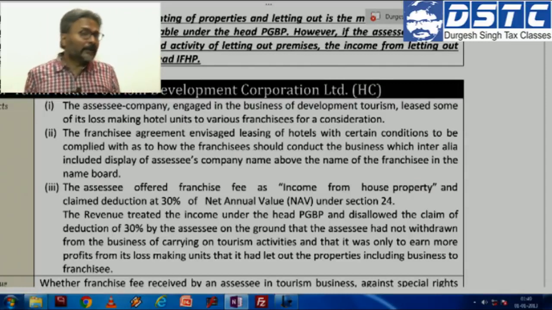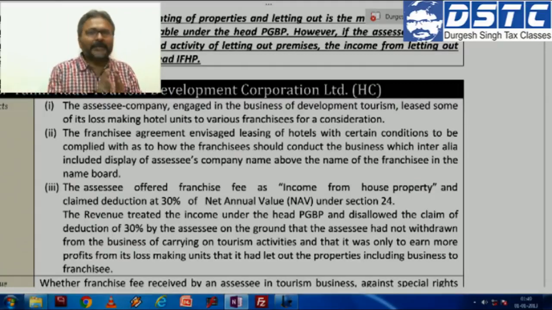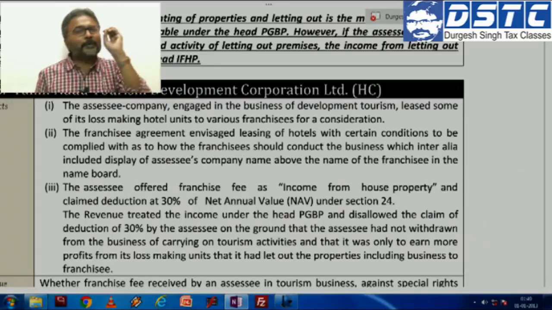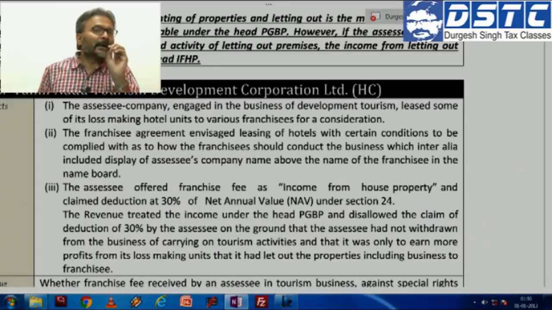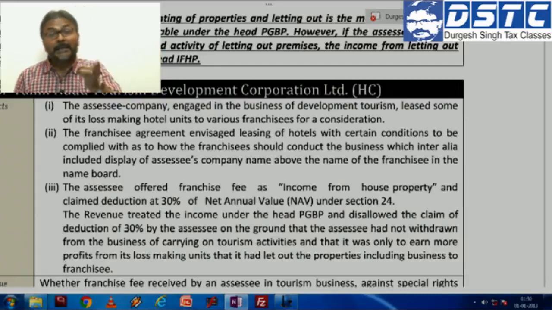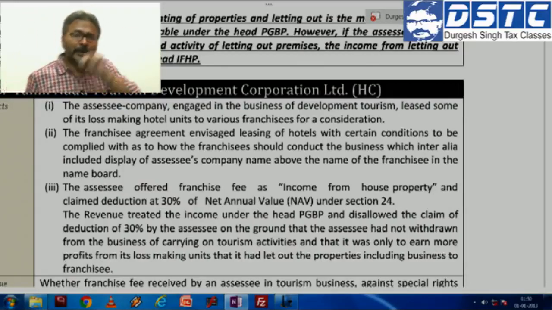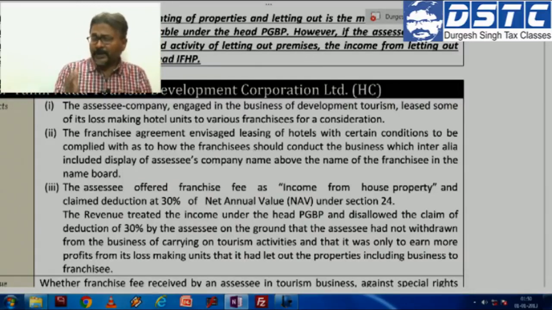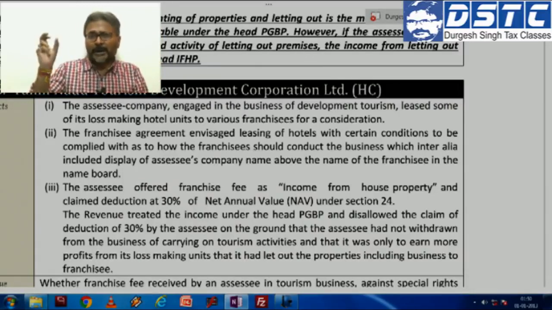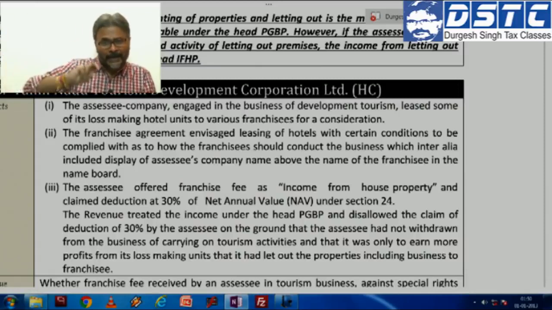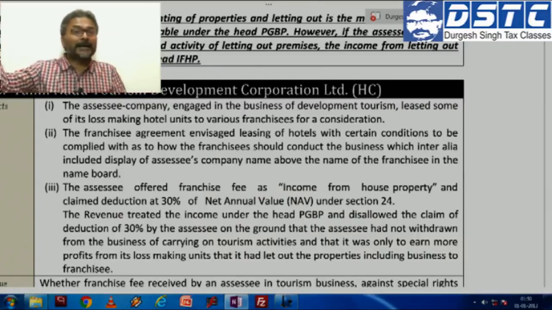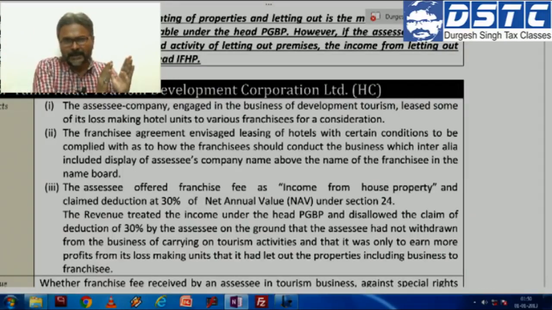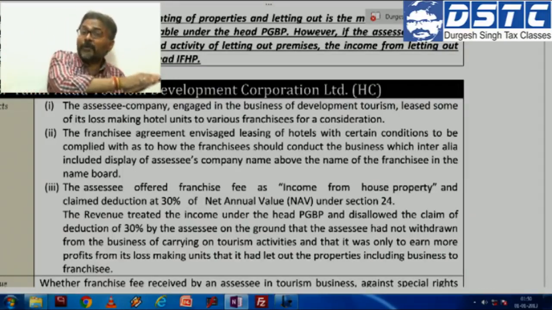However, the terms of the agreement required that the franchisees would conduct that hospitality business in the name of the TTDC, which is Tamil Nadu Tourism Development Corporation. Plus, there were terms in the agreement which required that the franchisee had to have a minimum standard of quality and performance, because the TTDC name was involved in that business.